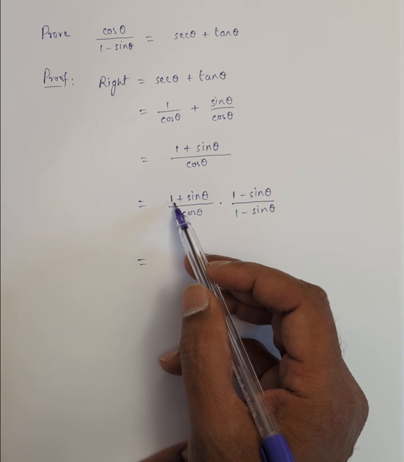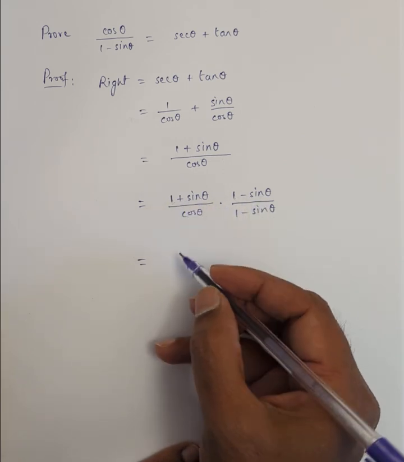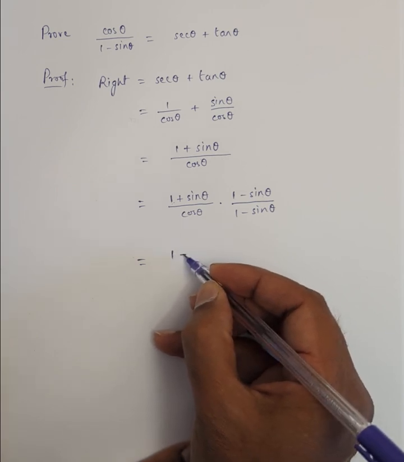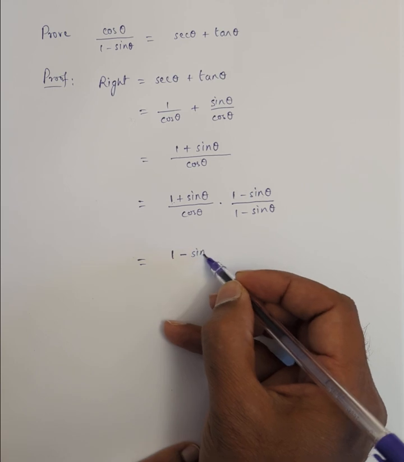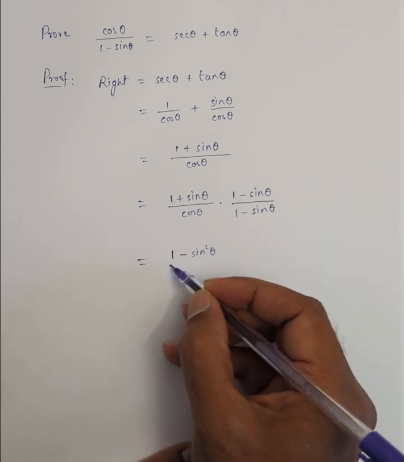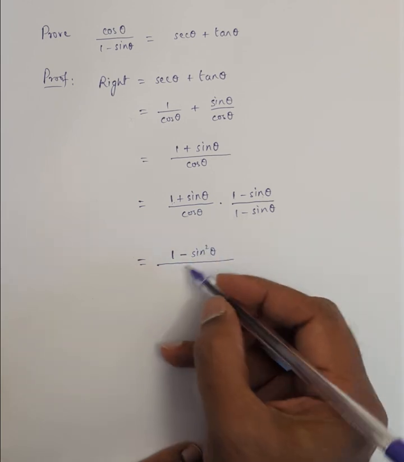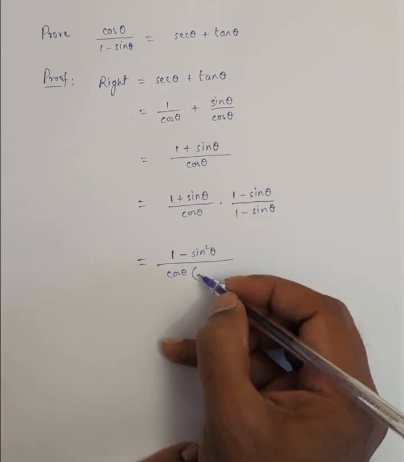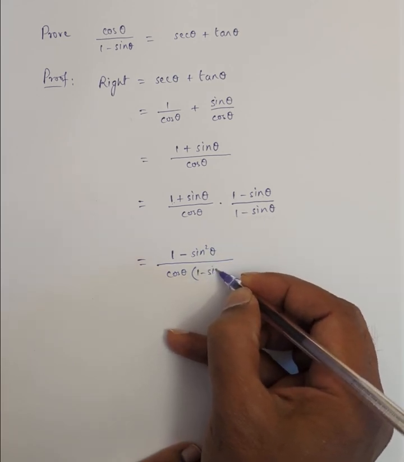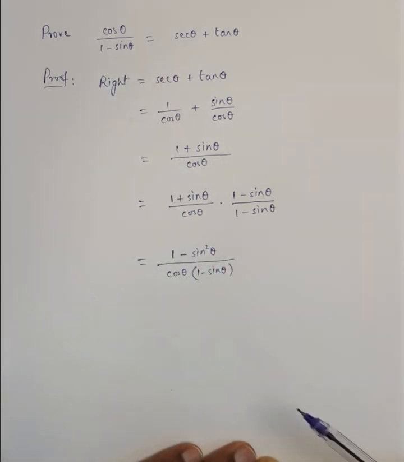Now that's where we know if you have a plus b times a minus b, then it's simply a square minus b square. So a square, 1 square is just 1. And when you square sine theta, you get sine square theta. And look at the denominator. We don't want to multiply this yet because then it will destroy the 1 minus sine theta, which I wanted to have in the denominator because the left side has that.